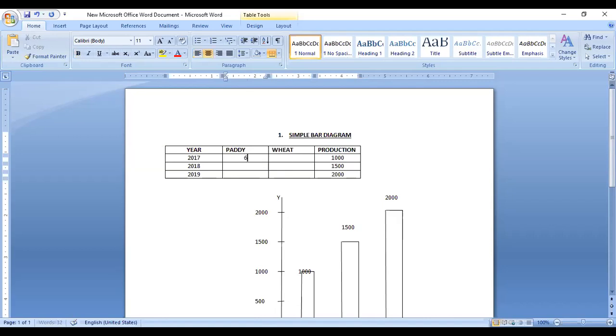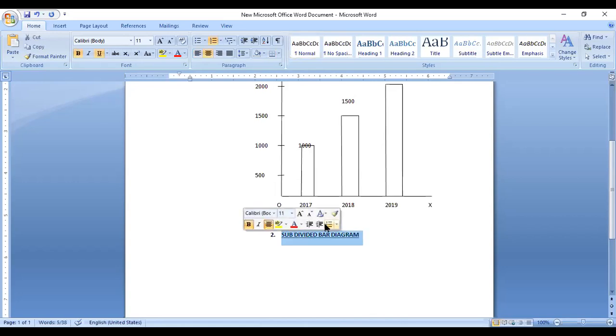So paddy is 600 tons, wheat is 400. In the year 2018, paddy is 700 and wheat is 800, total 1500. Similarly, in the year 2019, paddy is 1100 and wheat is 900. Let us take for example.